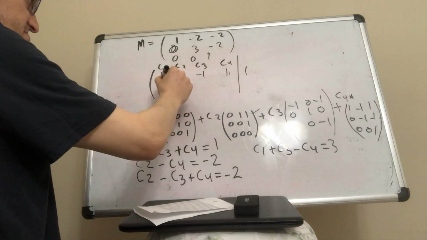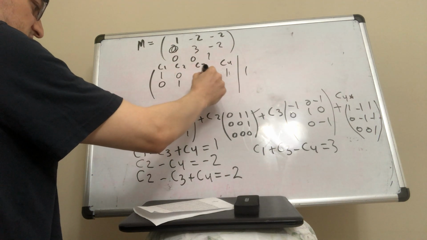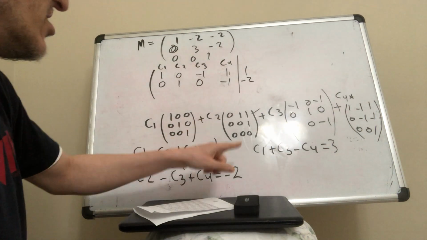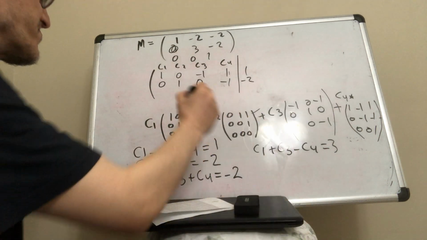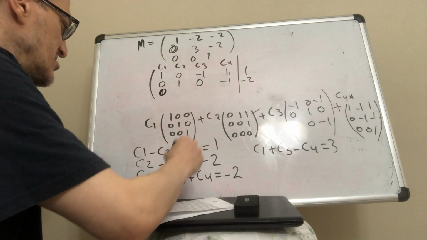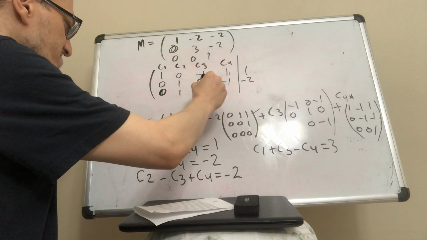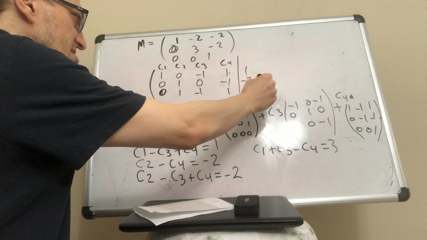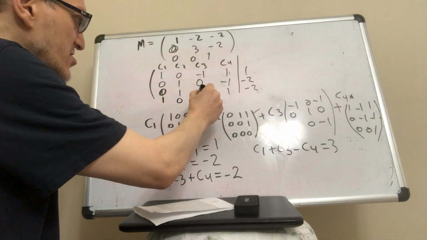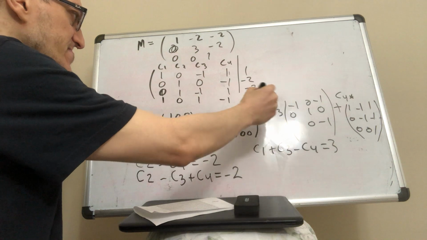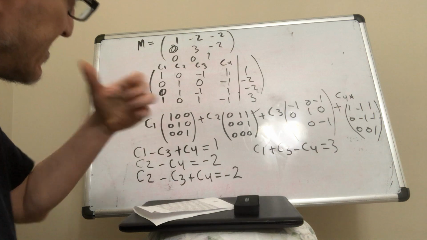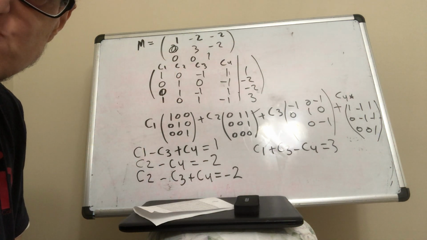We do this equation: 0, 1, 0, minus 1, minus 2. We do this one: 0, 1, minus 1, 1, minus 2. And finally, we do this one, which is 1, 0, 1, negative 1, and 3. And you reduce this to find the answer.